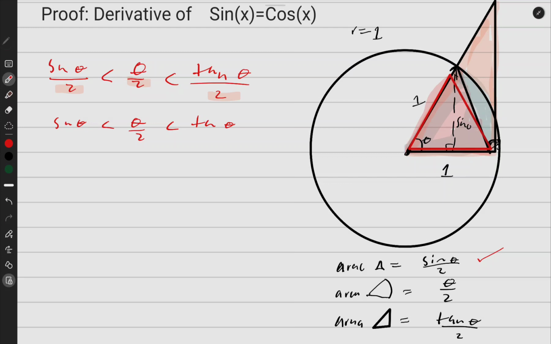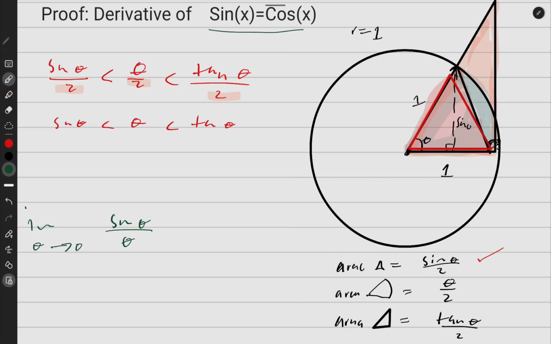So the 2's will disappear. But we can also divide by sine theta, because to use first principles to find this derivative, we need sine theta all over theta, and we need to find the limit as theta approaches 0.